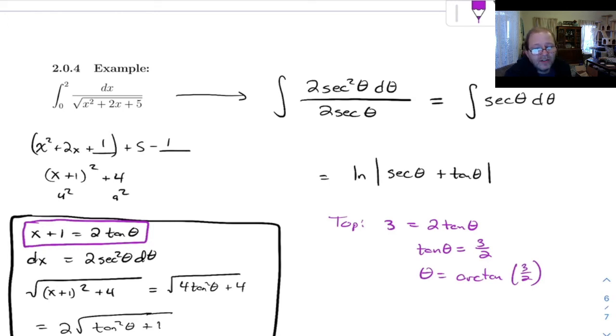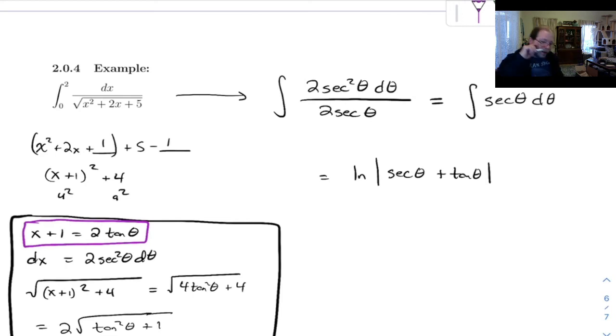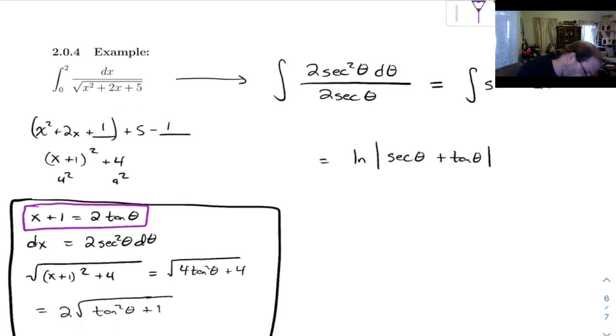But arctan of 3 halves, that's not a nice number. So let's not do that. Instead, let's use a triangle to put this back in terms of x. All right, so I'm going to draw my triangle. Actually, before I do that, I'm going to put my bracket there to remind us that we have to put some endpoints on there.